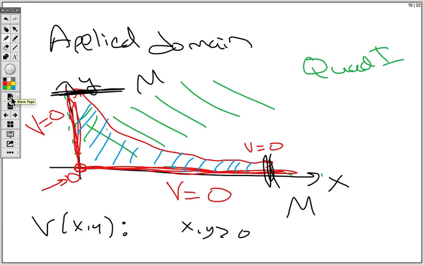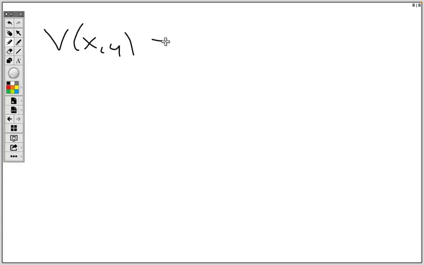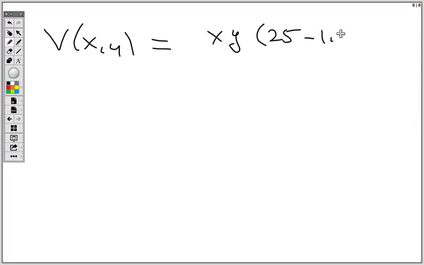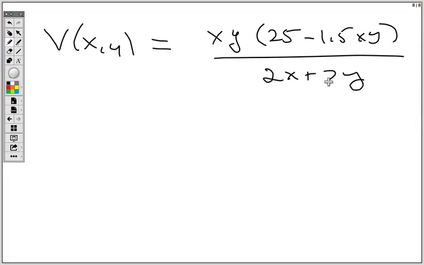But we'd go in there and try to figure out our critical numbers, or critical points. xy times 25 minus 1.5 xy over 2x plus 2y.